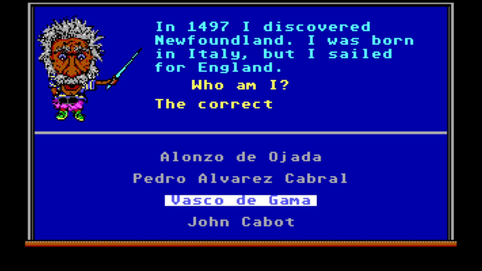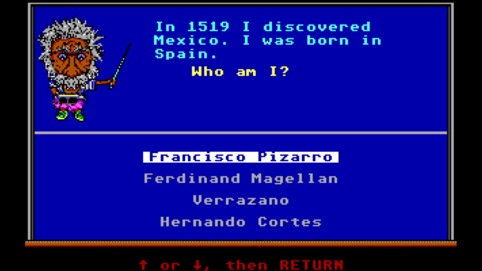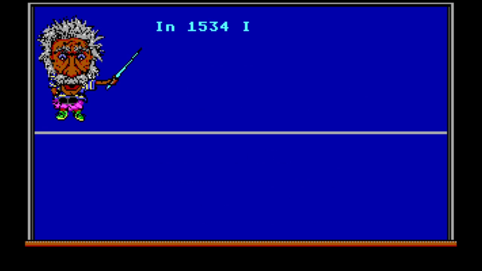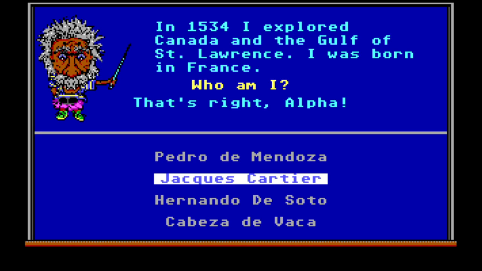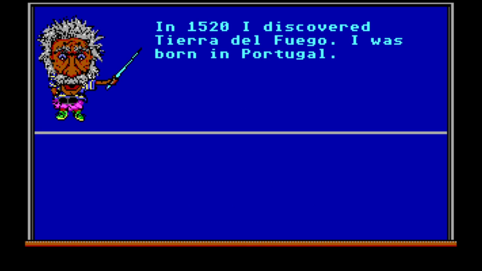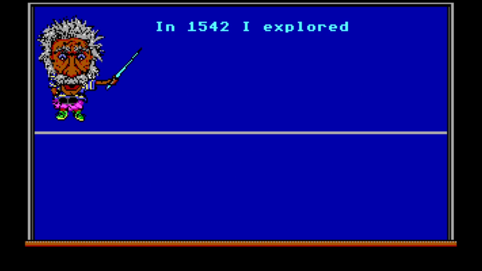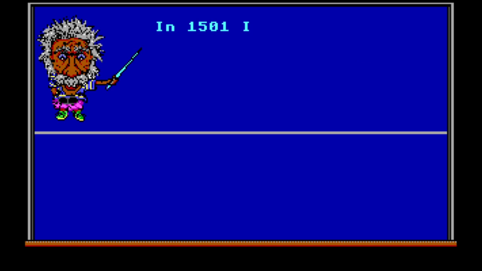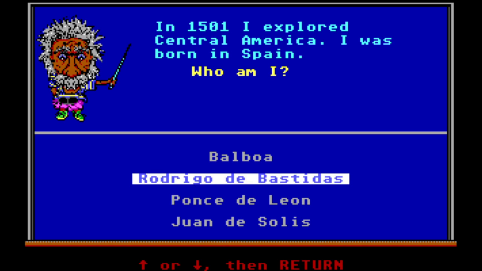Da Gama. Cabot. Magellan. Cartier. Pizarro. Cabrillo. De Bastidas.